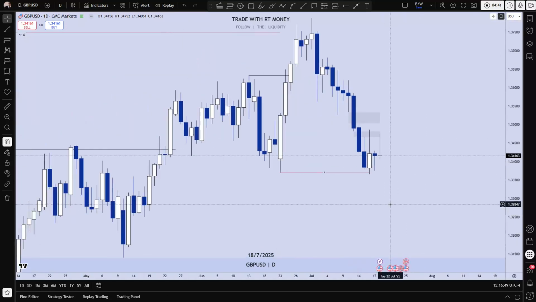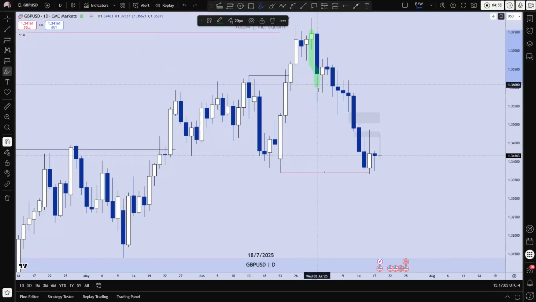What you can see is last week, this is Friday's candle, this is Thursday's candle, this is Wednesday's candle. Reached up, and then we had this. It's just moving to the side. But what we can see is that the market is bearish, right?